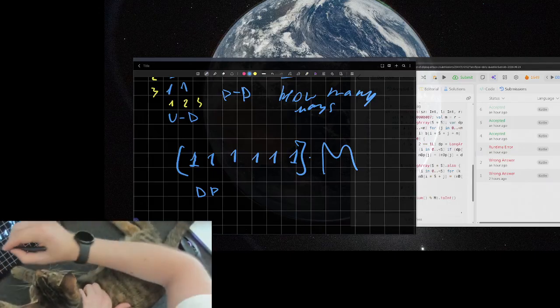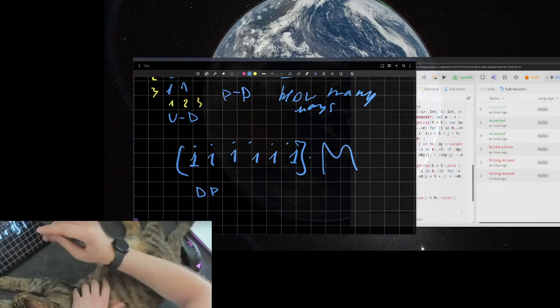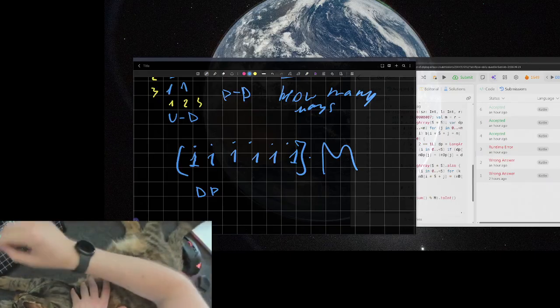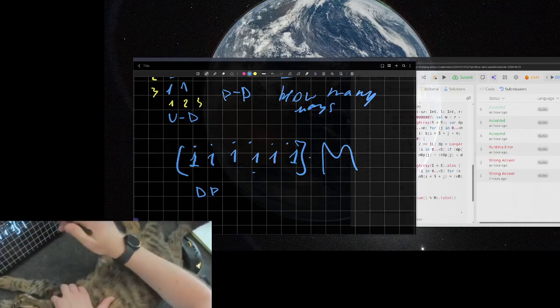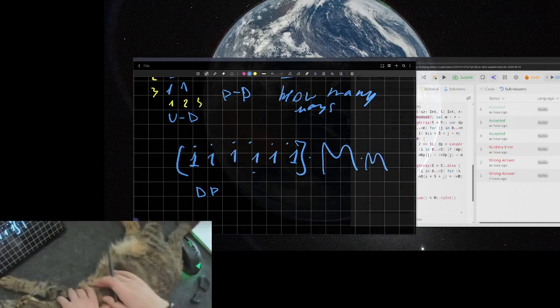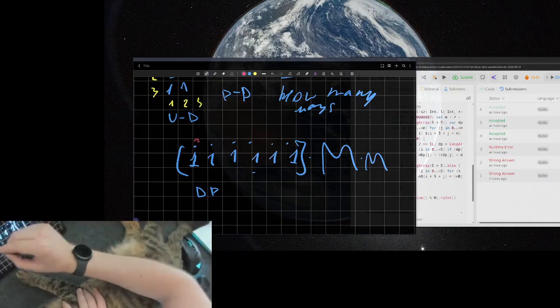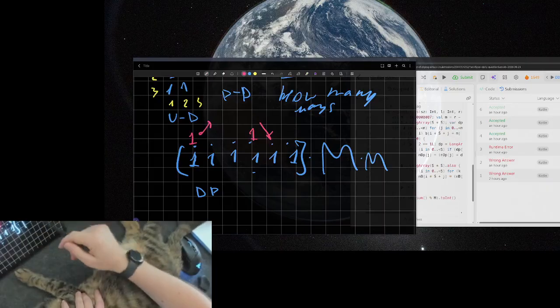If we multiply it by the transition matrix one time, it gives us an answer of how many ways total we have from each of these. From one up we have this number of ways, from one down we have this number of ways. And if we multiply it by m again, we do the second step, and it would describe how many ways we have from one up and one down in two steps.